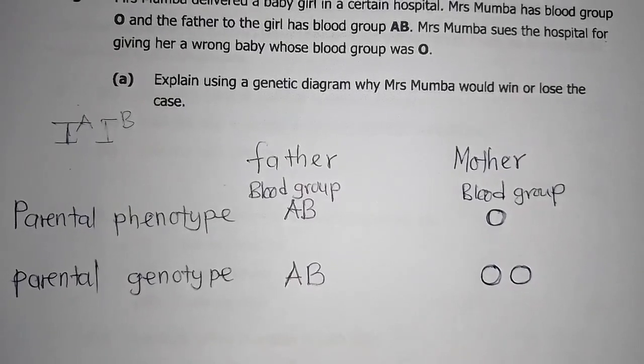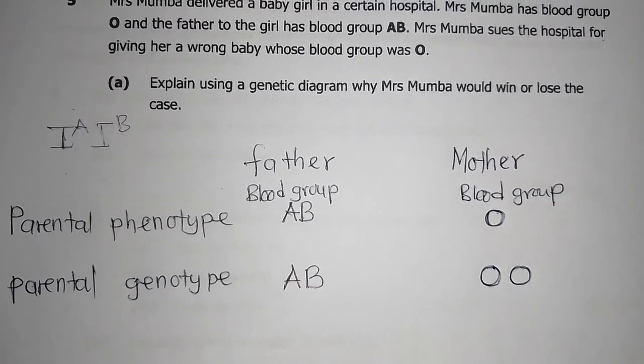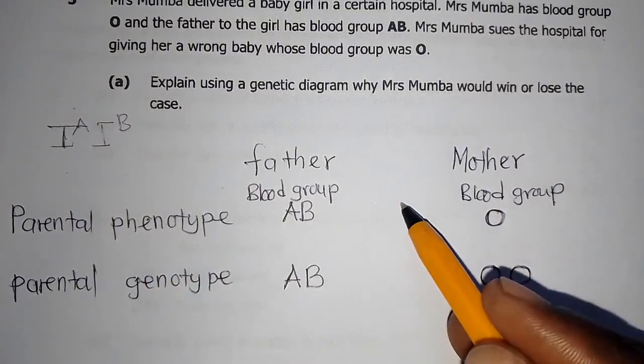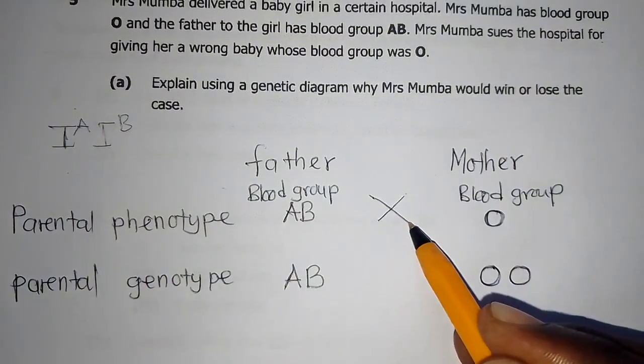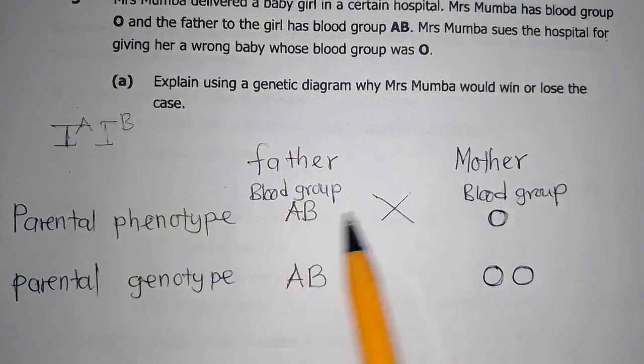Let us now progress. We are done with this. We want to do this using a genetic diagram. If you have not indicated this, they can't mark you. Where you said parental phenotype, they were crossed, meaning there was sexual intercourse between the two.